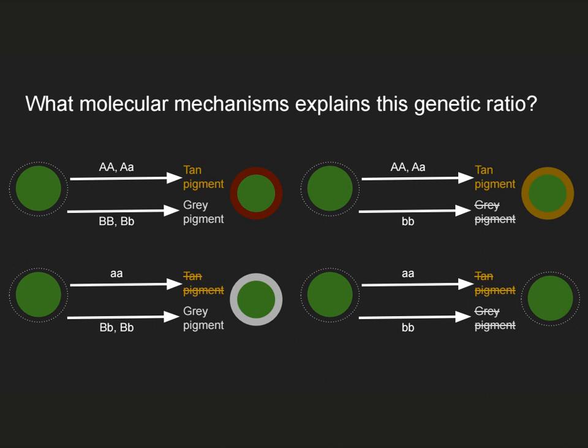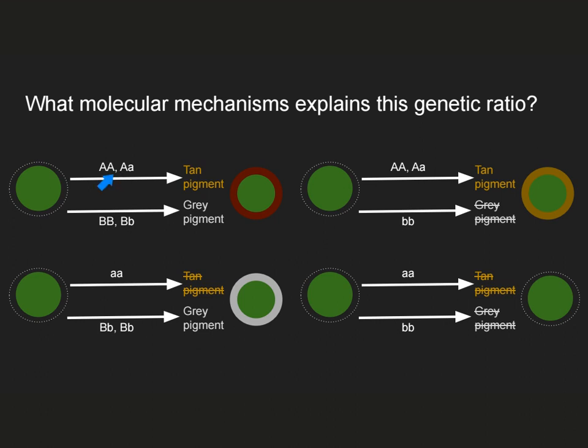So what we're seeing here is a case of an additive interaction between two gene products. What we know about the lentil is that there's chlorophyll inside, and there's a layer around it that is transparent. And the lentil has two genes involved in producing pigment. There's one gene, which I have elected to call A, which makes the tan pigment, and there's one gene that I have elected to call B, which makes the gray pigment.